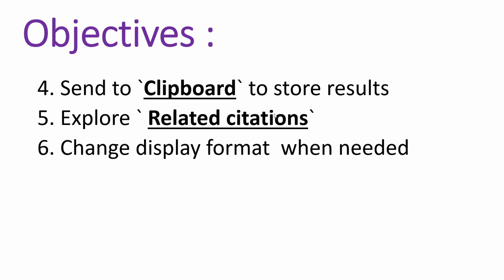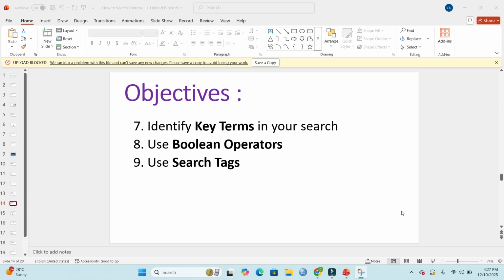So I also showed you how you could add the articles to the clipboard, how you could explore the related citations, and how you can change your display format. Now, one of the important things further is how you could identify the key terms in your research.